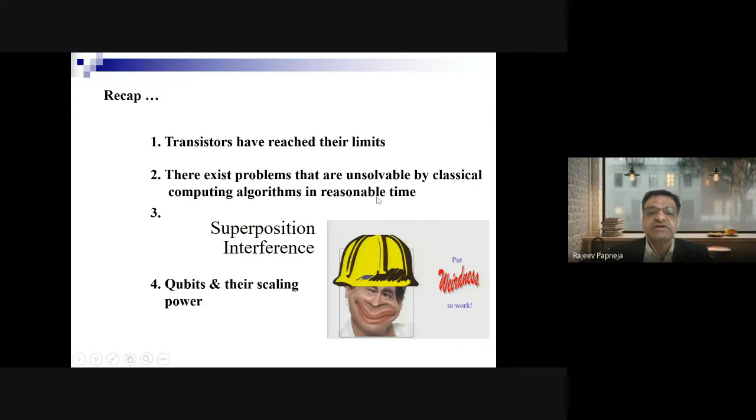Lastly, we saw the qubits, which form the basis of computing in a quantum computer, and their scaling power, how a few qubits can store exabytes of data vis-a-vis classical bits.